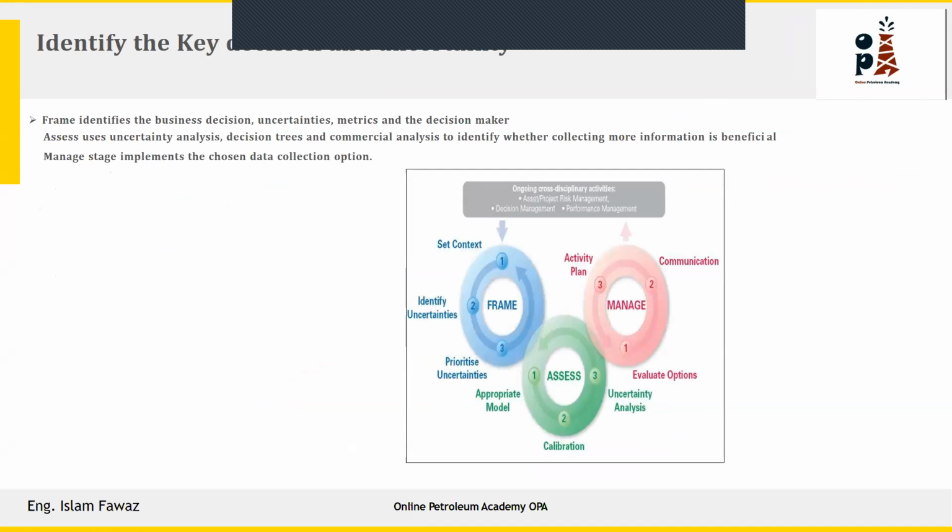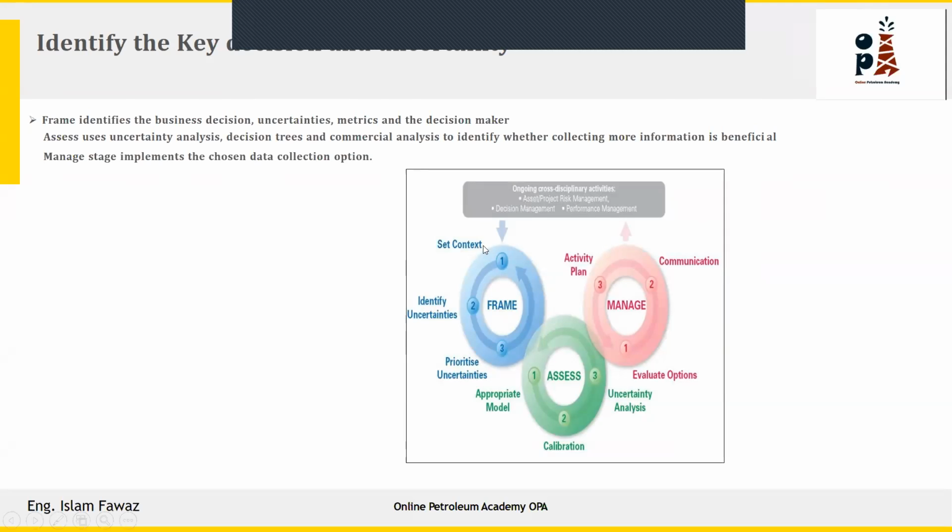When you are performing the value of information and you sit with your management, we have three ongoing processes here. The first one is to frame and identify the opportunity, with the uncertainty matrix, the metric and decision making. Then we assess using the uncertainty matrix, and then manage and implement the chosen data collection.